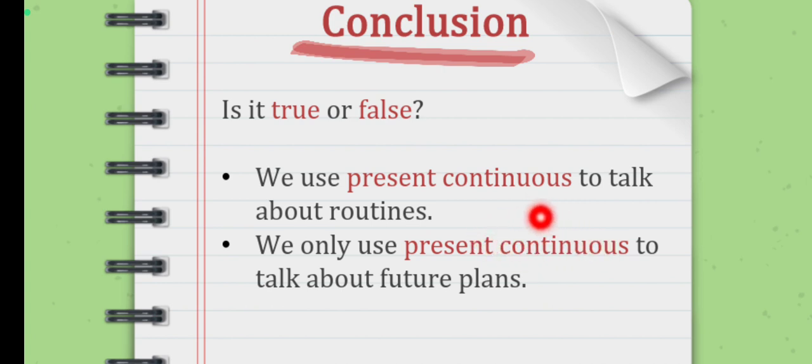You're right. Now, what about this one? We only use present continuous to talk about future plans. Is it true or false? The word is only. Only, no, because you use future too.